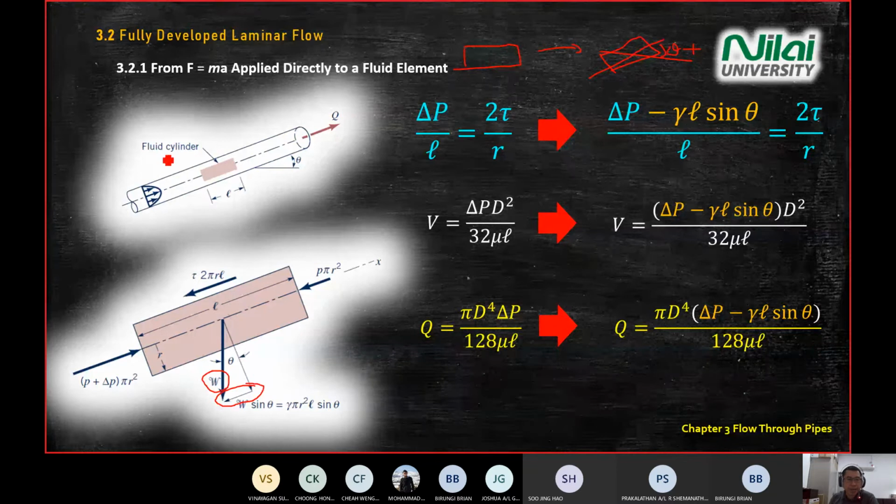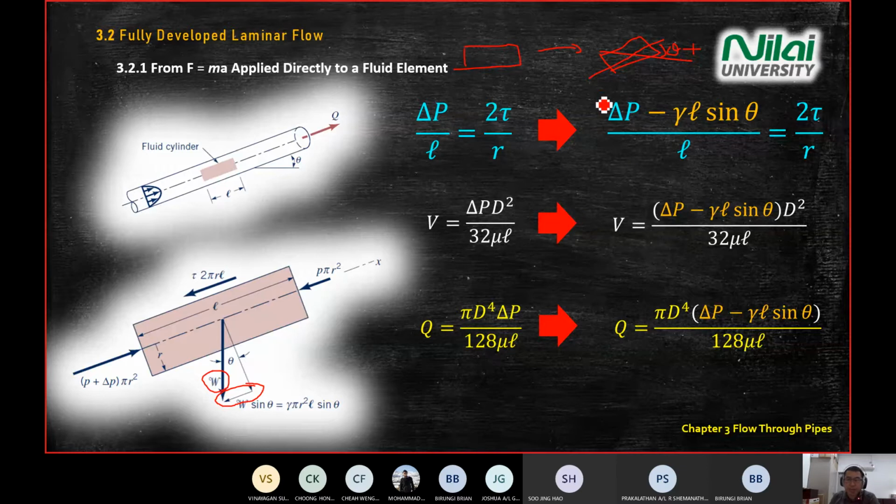Even if you do not develop the equation, you think logically: if you try to pump something uphill, your pressure will drop. Something will take away from the delta P. If you pump something from low ground to high ground, your pressure will drop because of the elevation. Velocity also will drop. Mass flow rate will also drop because of the gravity force.